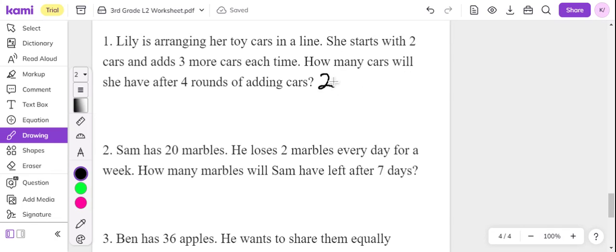So what we want to do is actually take 3 and 4 because we're adding 3 cars 4 times. So we can either do 3 plus 3 plus 3 plus 3, or we can do 3 times 4. Let's do 3 times 4. And 3 times 4 equals 12.